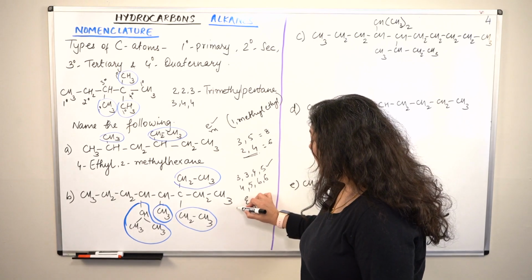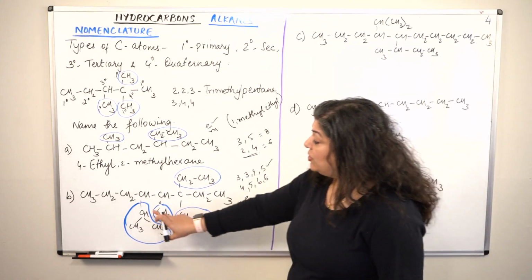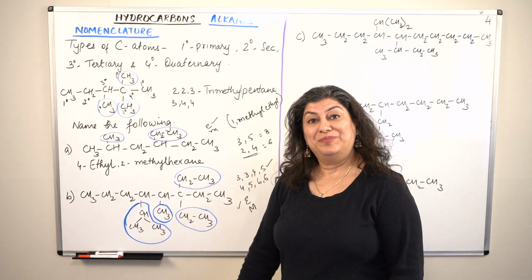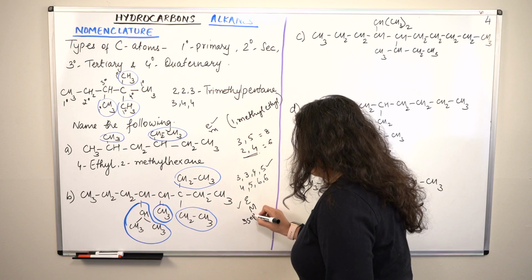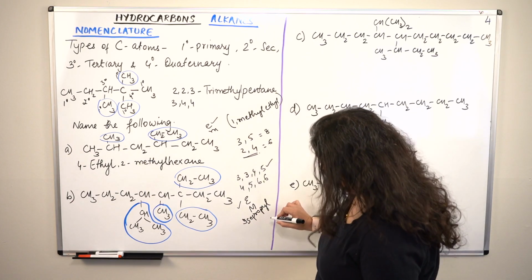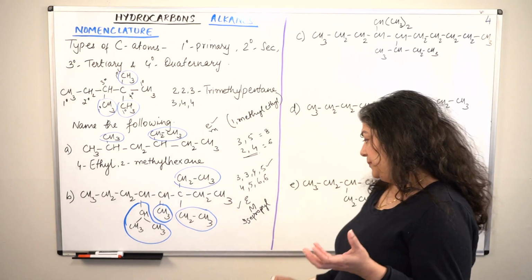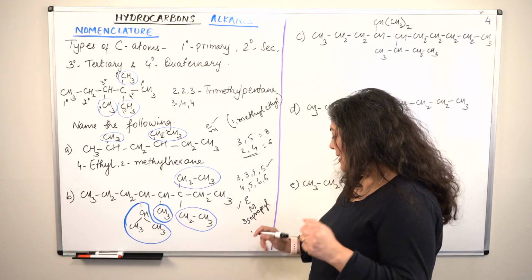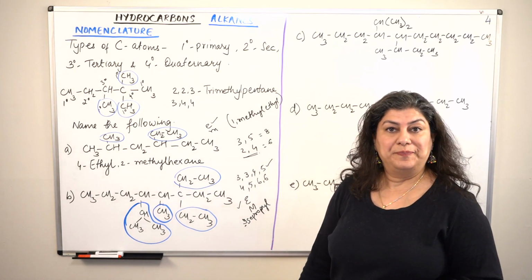So ethyl will come first, methyl will come later, I know. But what about this? Isopropyl. If I use isopropyl as the name of the substituent, then I will choose I in alphabetical order.